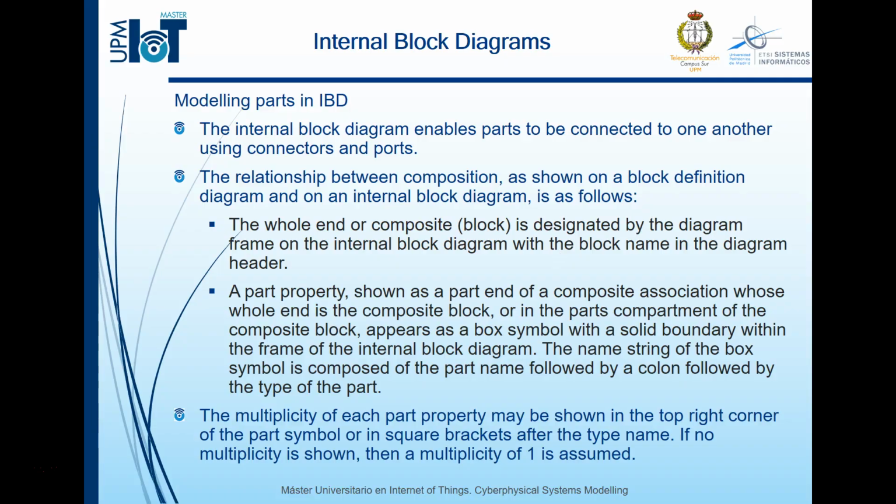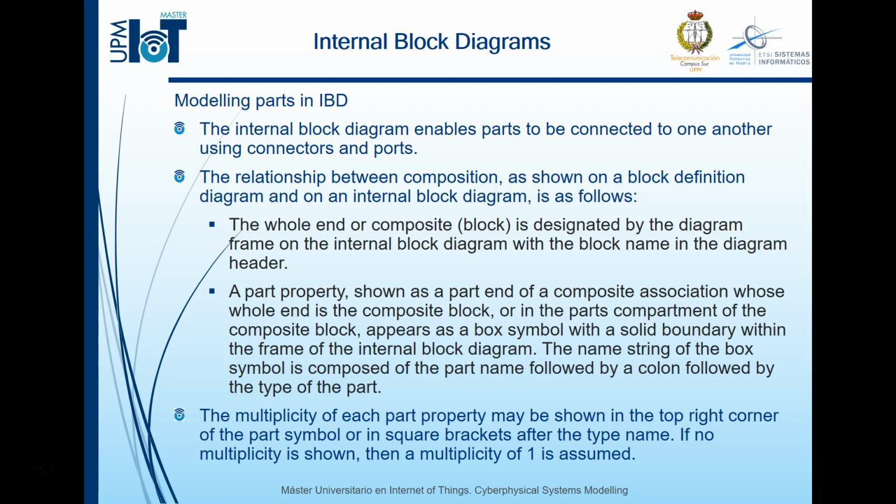Modeling parts in internal block diagrams. The idea with this diagram is to enable parts to be connected one to each other using connectors and ports, because composition has been displayed in the previous diagram, not here.